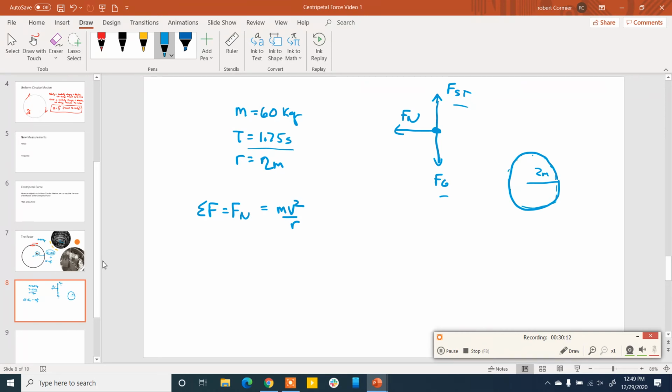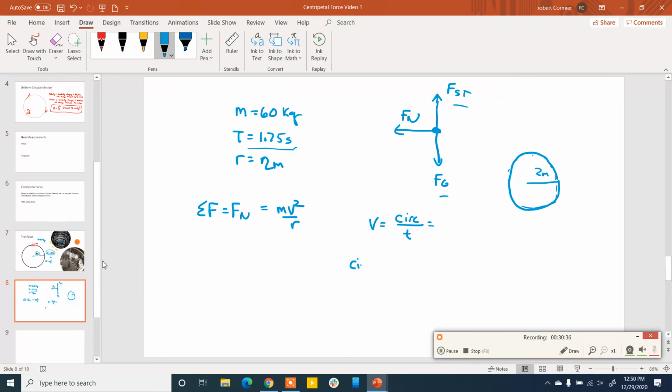And once we know the circumference, well, then we know the distance they traveled and we know the time it took to travel, so we can get that, right? So the speed is the circumference divided by the time. That will give us the meters per second that we're looking for. How many meters do they cover every single second?